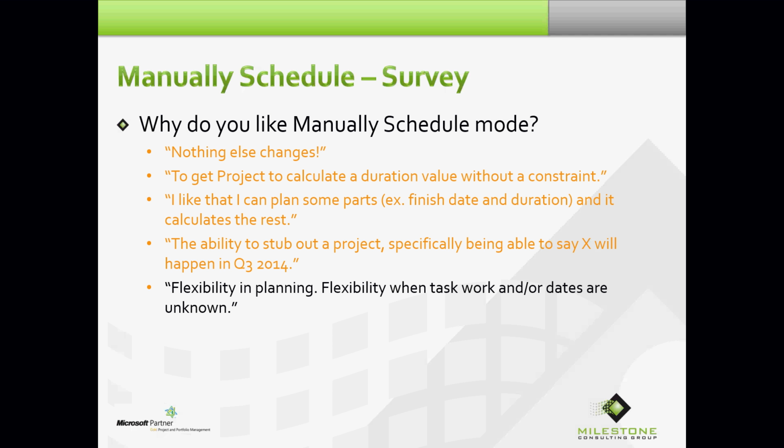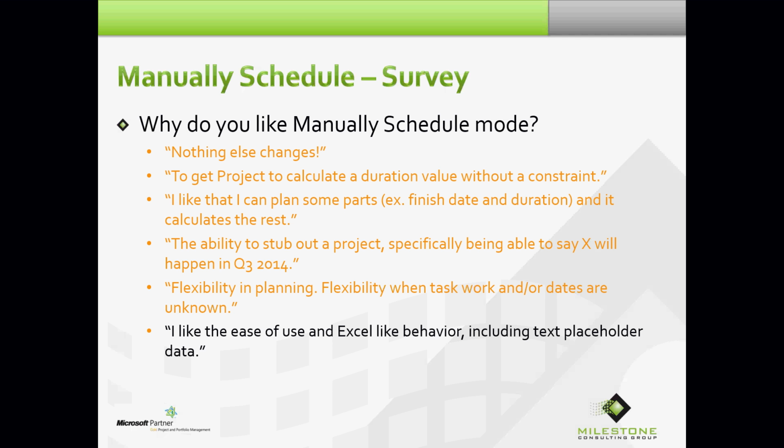Another person said flexibility in planning. That's what I like. Flexibility when task work and or dates are unknown. And then somebody said, I like the ease of use and Excel-like behavior, including text placeholder data.